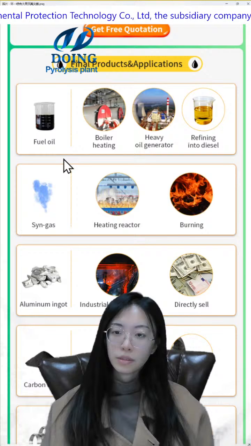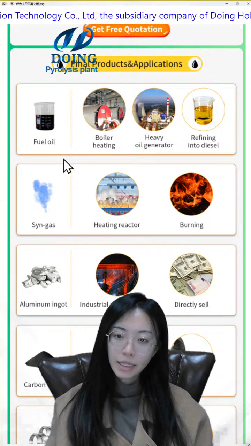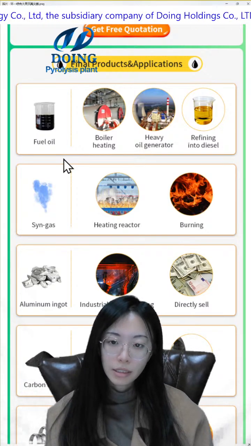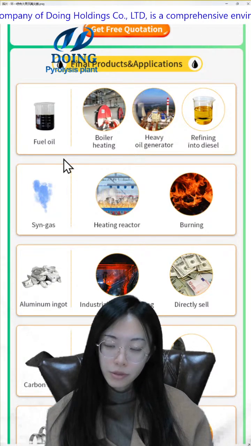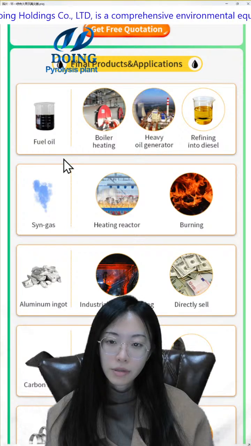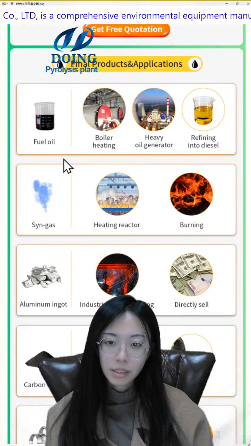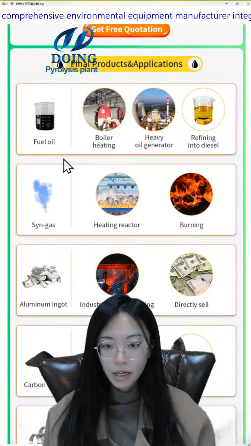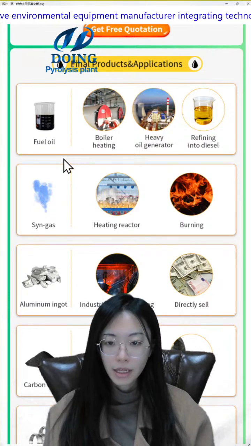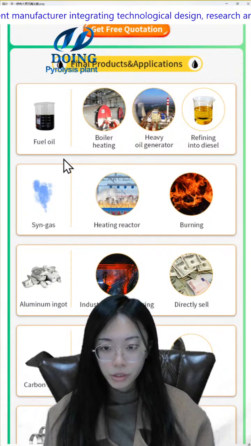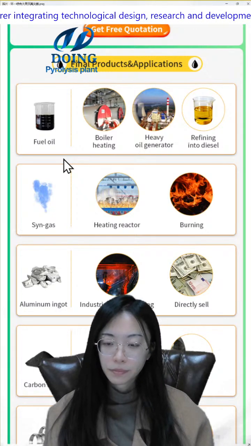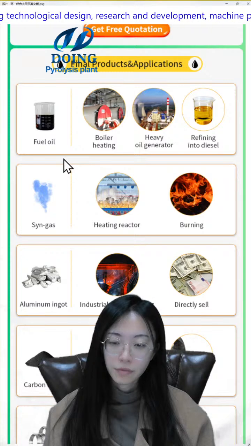The fuel oil can be used for boiler heating and in other factories like brick factories, cement factories and glass factories for heating. It can also be used in heavy oil generators, or refined to diesel. And the diesel can be used in ferries, agricultural machines and mining machines. This is the application of this fuel oil.